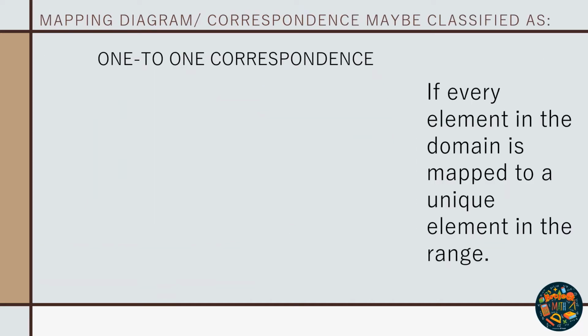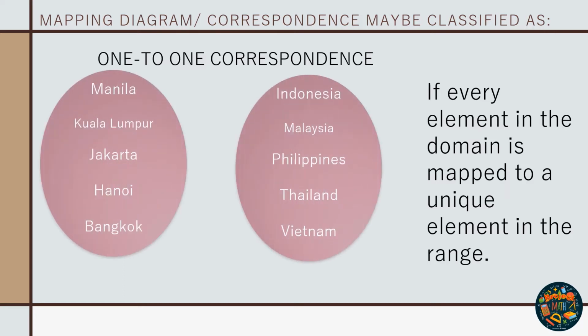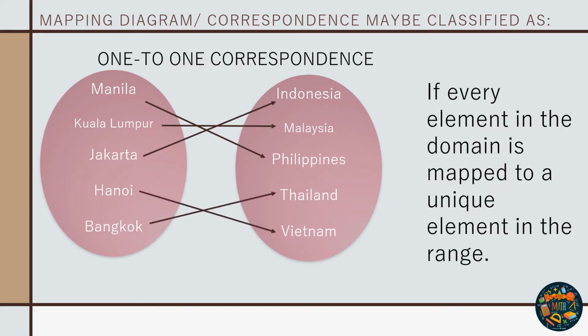Now, let's talk about mapping diagram or correspondence. This may be classified as, first, one-to-one correspondence. Ano nga ba ang one-to-one correspondence? So, this is if every element in the domain is mapped to a unique element in the range. So, let's have the example. In the diagram, this shows some members of the ASEAN countries with their capital.